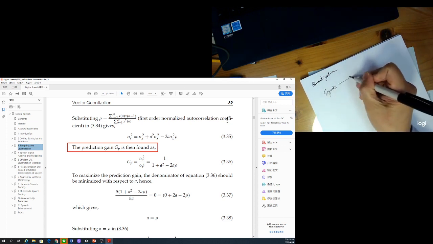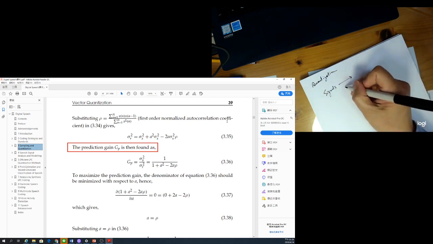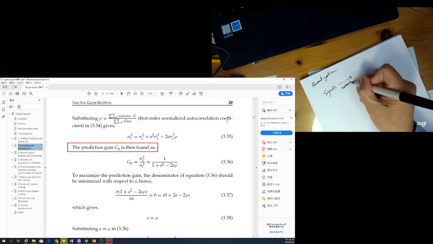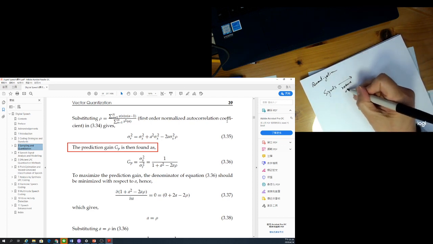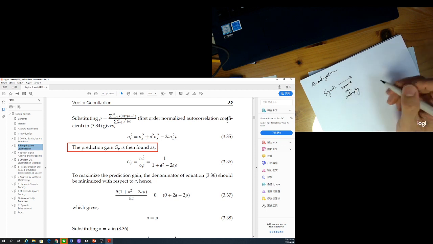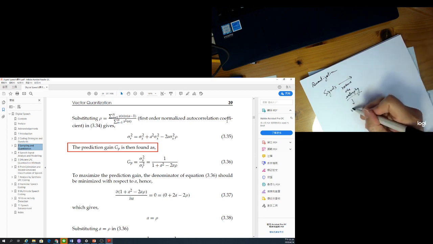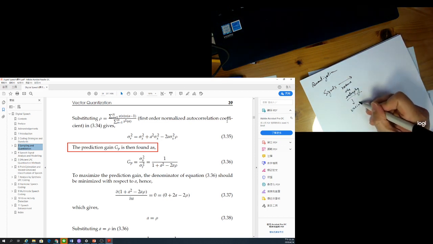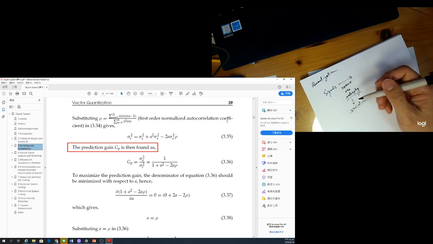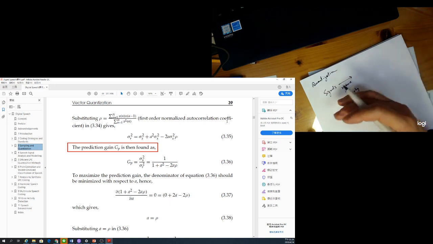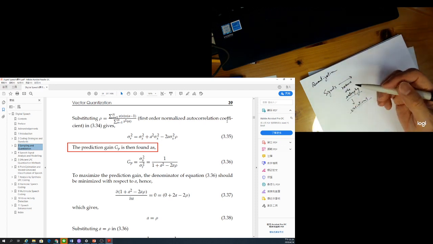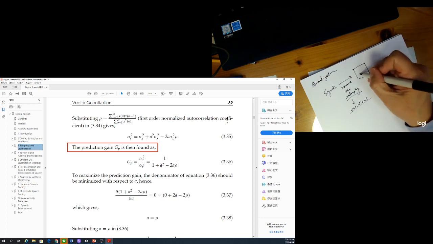We try to reduce the signal entropy, or in other words, try to reduce the signal variation and dynamic range, make it more consistent and simple, and later on we do the quantization.